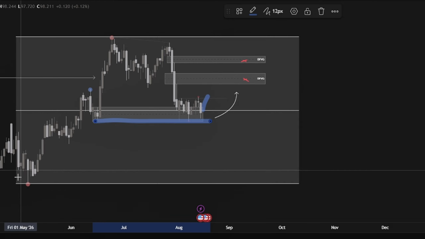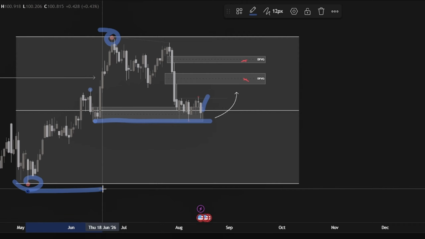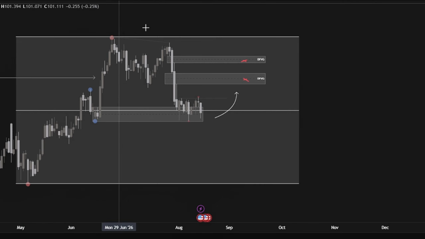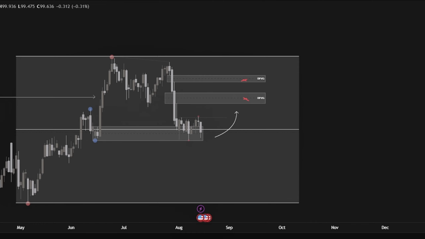This is our high and this is our low. As long as price keeps this low intact, we are still in that bullish sentiment. This is just internal liquidity that price will take. That's why, trading on the lower time frames, a lot of people will look at this and think it's time to start shorting, and then next thing you know, you get stopped out.